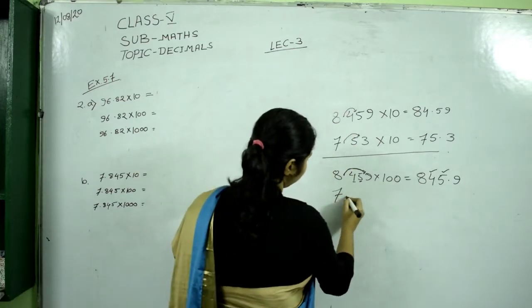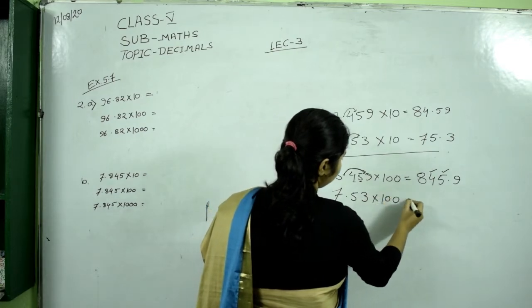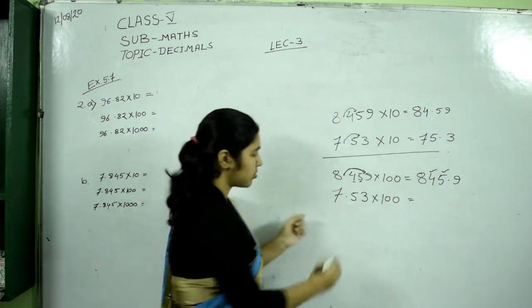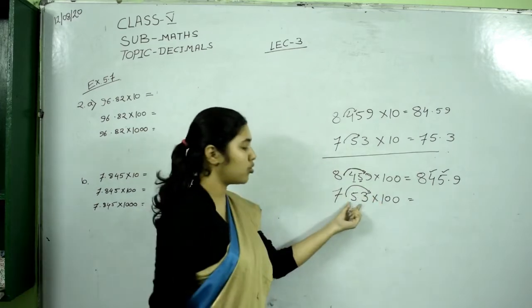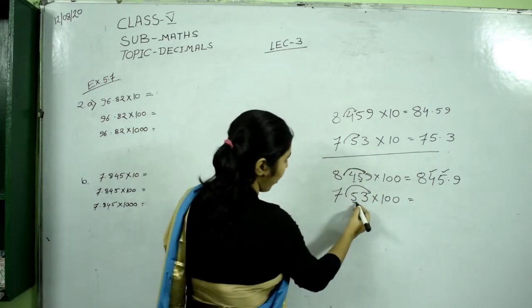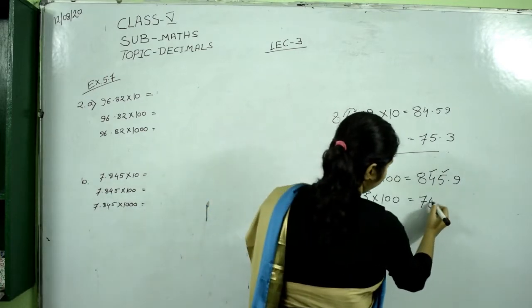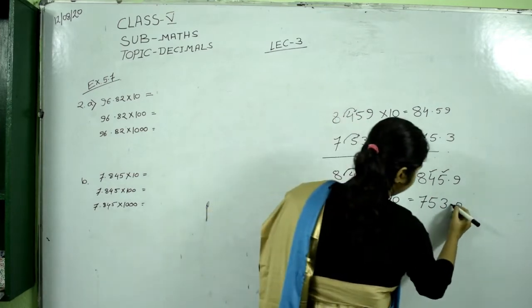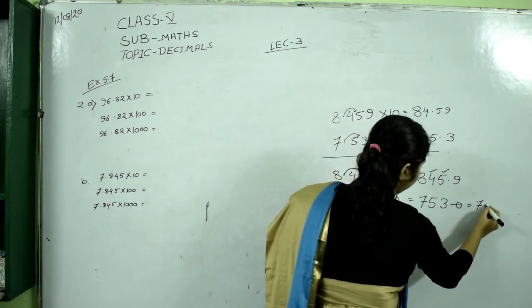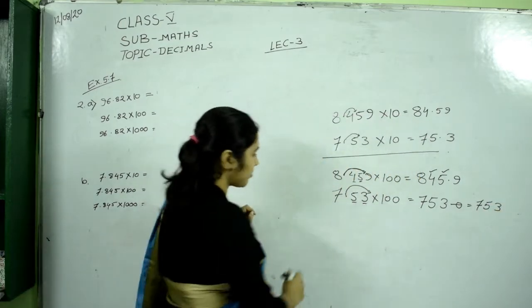Next, suppose we multiply 7.53 with 100, the decimal point shifts two decimal places. So 1, 2. So 753.0, or we can write it as the whole number 753.